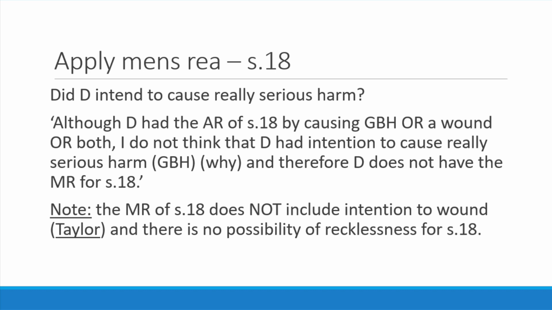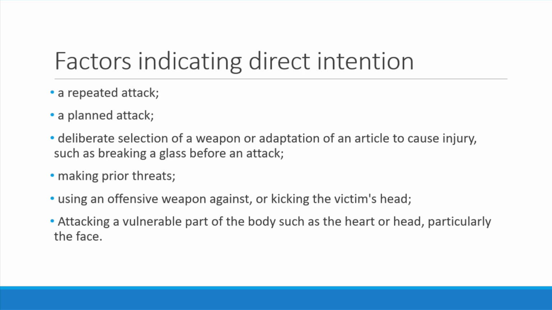So in the scenario we were looking at with Duncan, there probably are a number of factors that would lead you to believe that his main aim or purpose was to cause really serious harm to Alexa. And that is partly because he believed her to be a drug dealer, and his son had died of a drugs overdose. Other factors indicating direct intention might be a repeated attack, a planned attack.